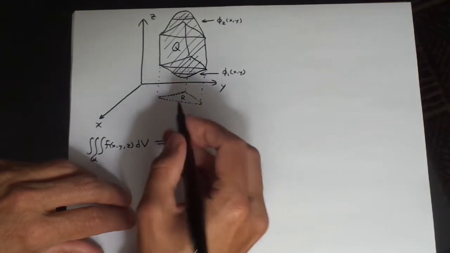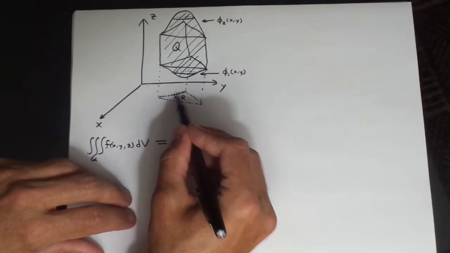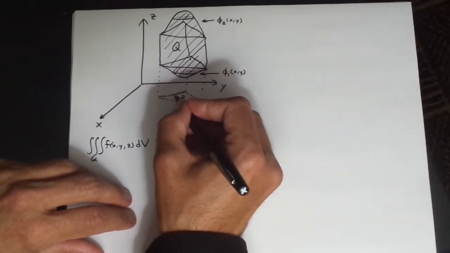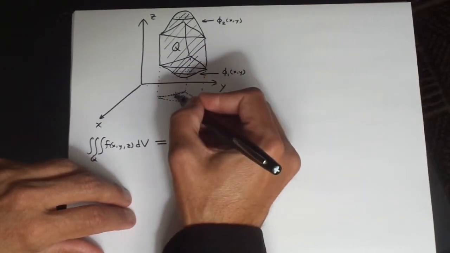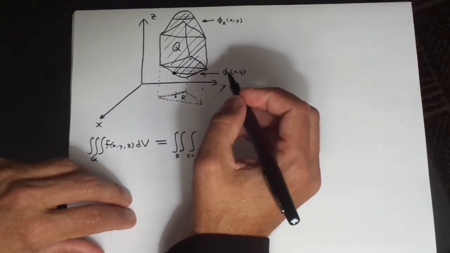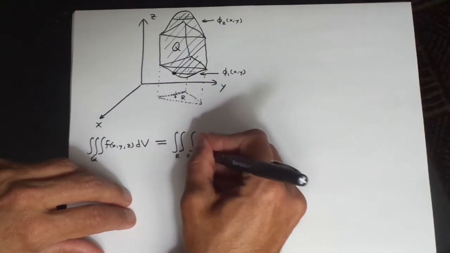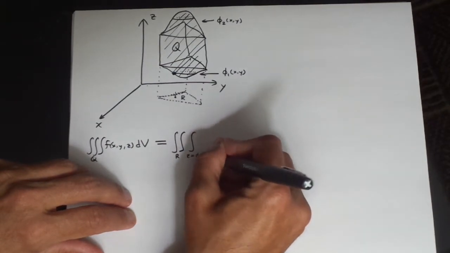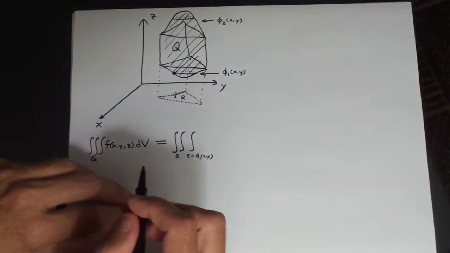You can say, look, if I stand anywhere in the region R and I look up above me, what do I see? Well, I see white space, white space, white space, until I hit the lower surface. That's phi1 of x and y. That's where I'm going to start integrating, right?